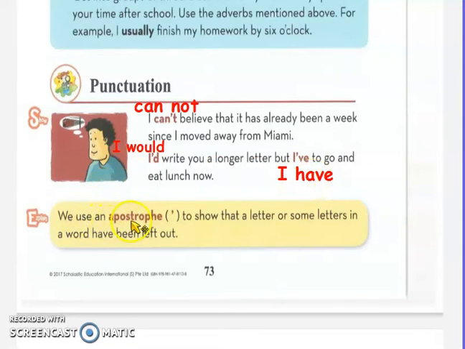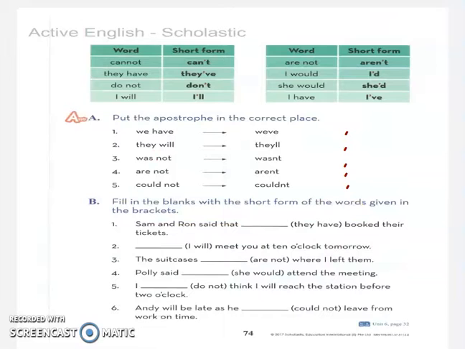We use an apostrophe to show that a letter or some letters in a word have been left out. Let's go to page number 74.